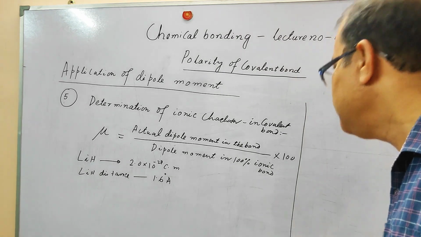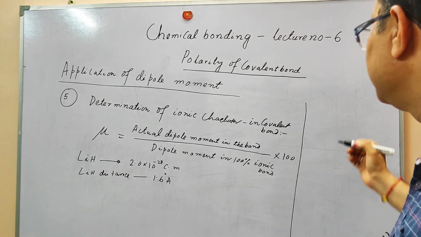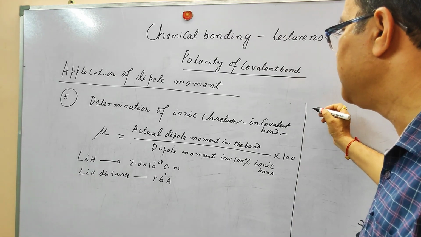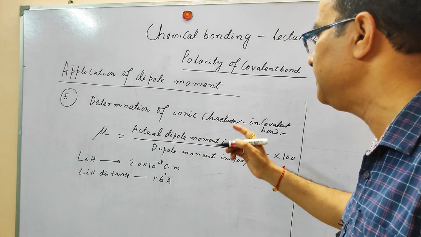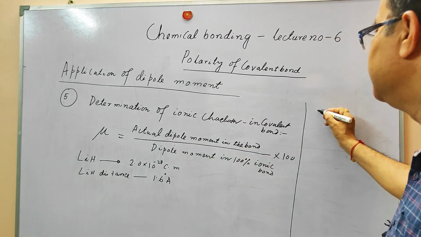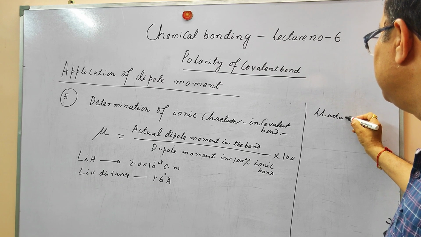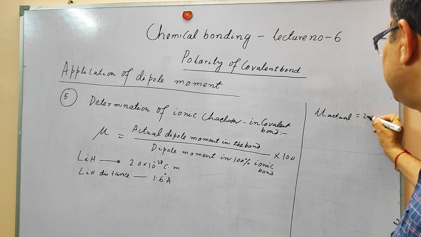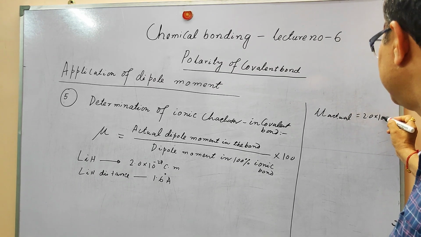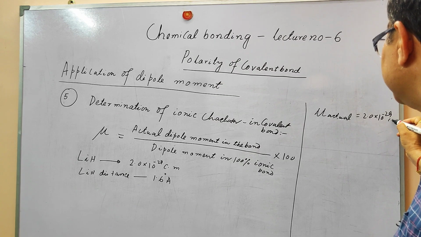First, mu actual, the dipole moment observed in the molecule, is 2 into 10 to the power minus 29 coulomb meter.